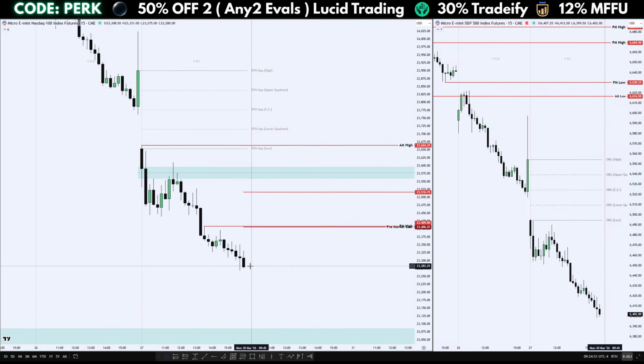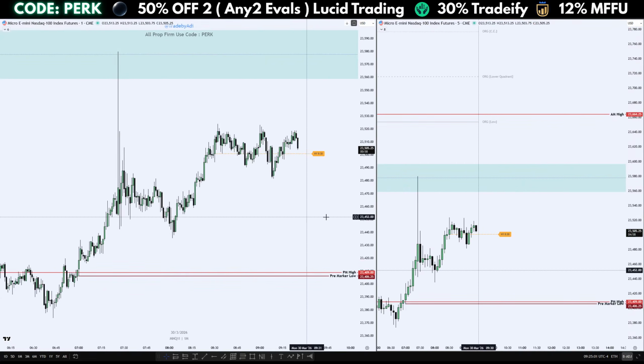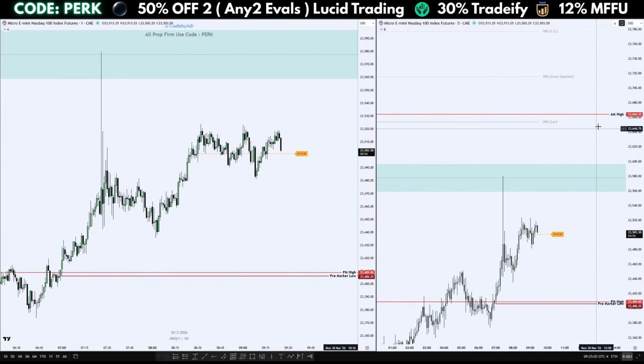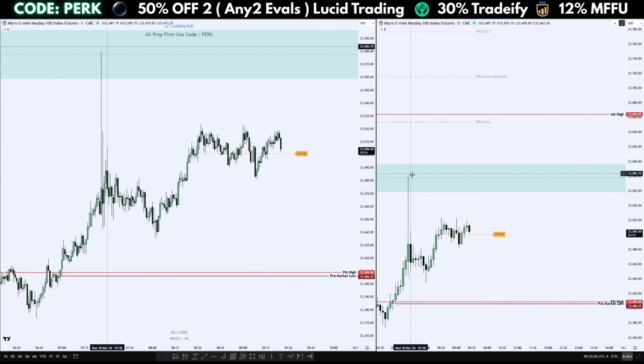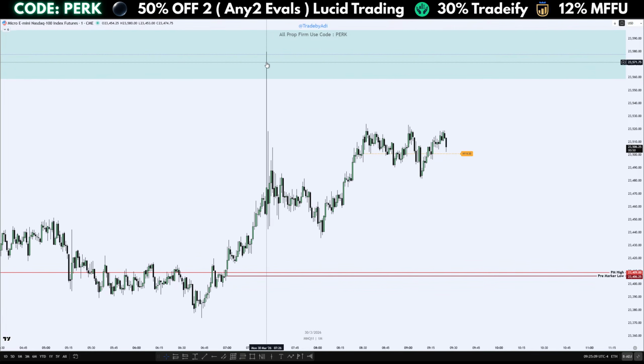Okay, so basically we are going to do the gap up. This is Friday's closing, and this is going to be Monday's opening. And right now we are near the AM session high, and this high is going to be the pre-market high again, because the high we have created at 7:26.